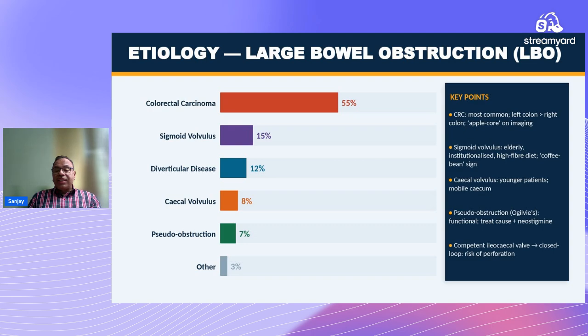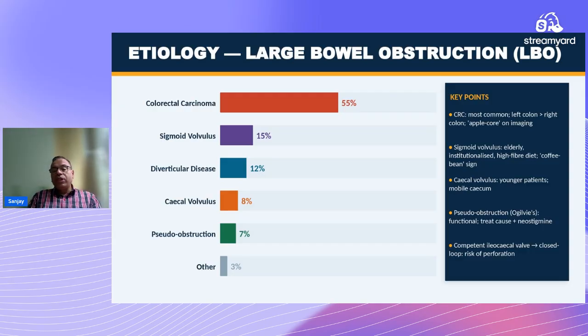In such cases, this functional intestinal obstruction, also known as Ogilvie syndrome, can lead to perforation of bowel, and the underlying cause should be treated to prevent further complications. And other causes of intestinal obstruction would account for another 3 to 5%.